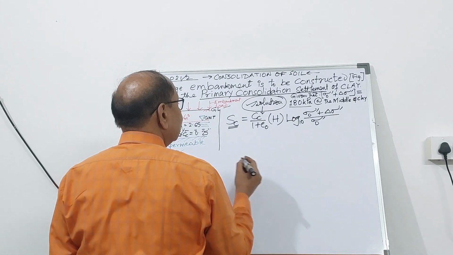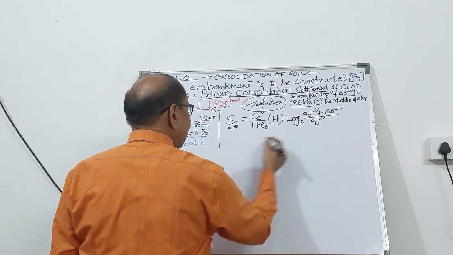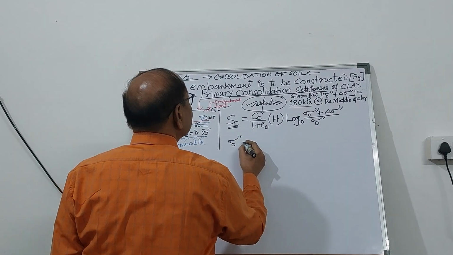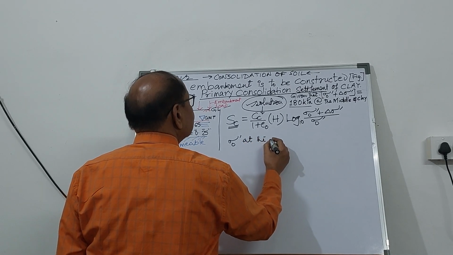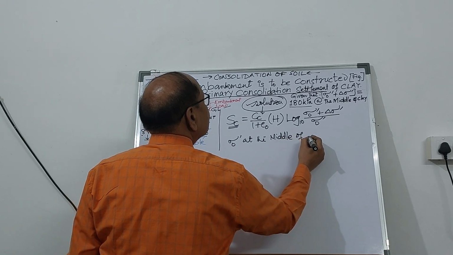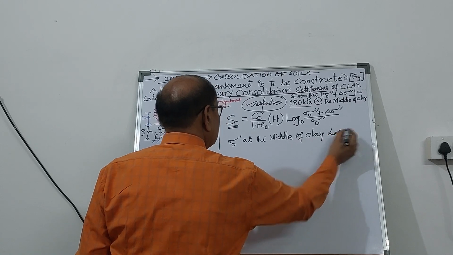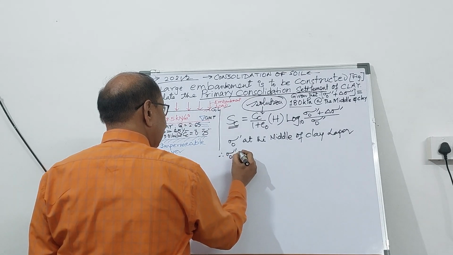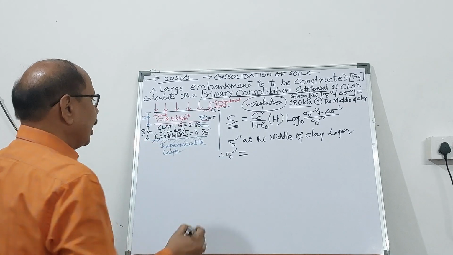So that's given as 180. But you need to find out the effective overburden pressure at the middle of the clay layer. Therefore, sigma naught prime needs to be calculated at the midpoint.